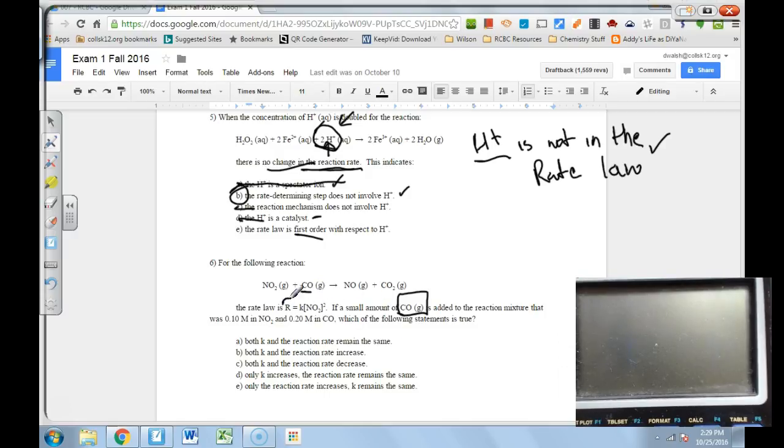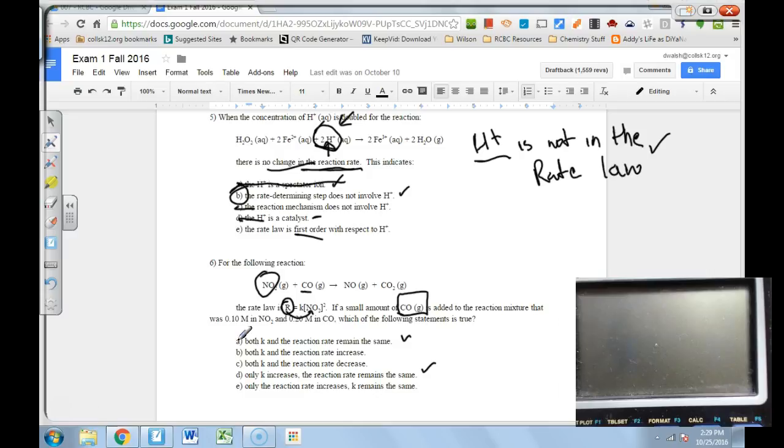The rate will stay the same, because the rate is only dependent on the concentration of NO, not on CO or NO2. So we have to find the one that first of all says that the rate is going to stay the same. Look, there's rate stays the same, and the rate stays the same.